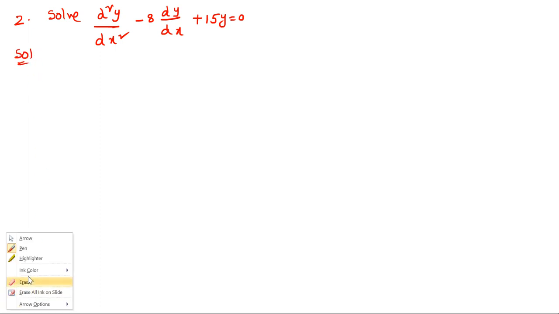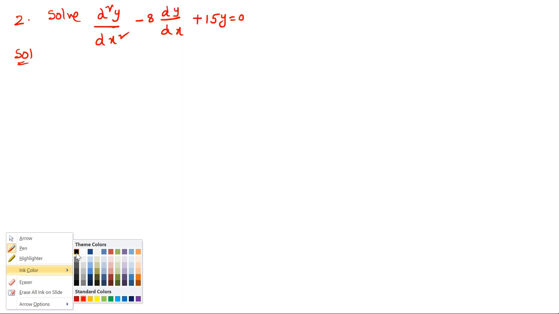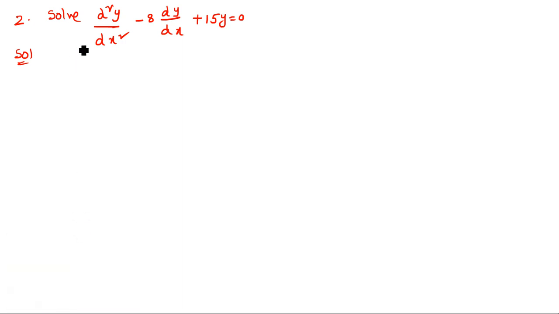Solve the second problem: d square y by dx square minus 8 into dy by dx plus 15y equals to 0. Now the solution. The given equation can be written in the form f of d into y.